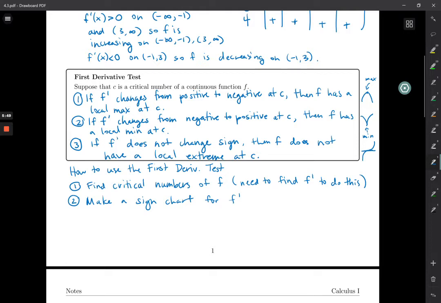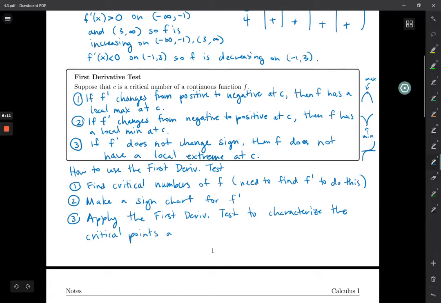And then we apply the first derivative test to characterize the critical points as local maxes or mins, or neither, because it could be the case that we get that it's neither.